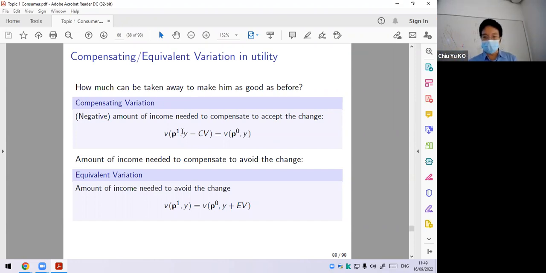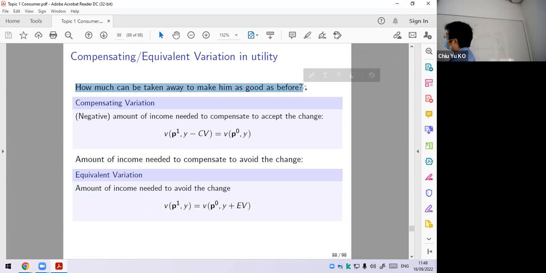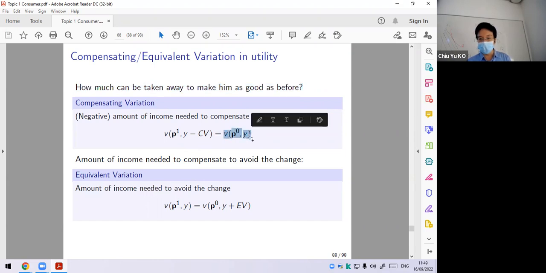There are two ways to measure the money. First, the question is, suppose before the change, this is how happy he is, at this income and this old price. This is how happy he is at the beginning. Now he gets a new price.